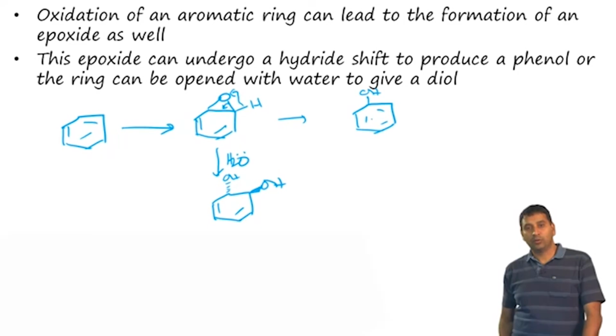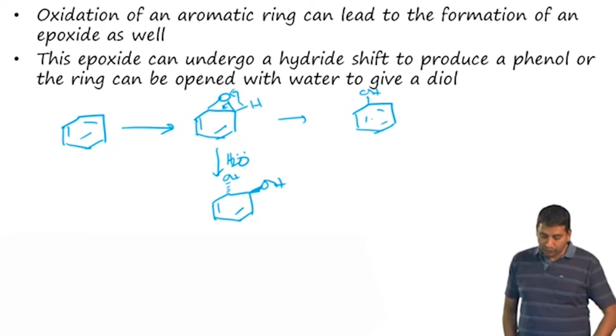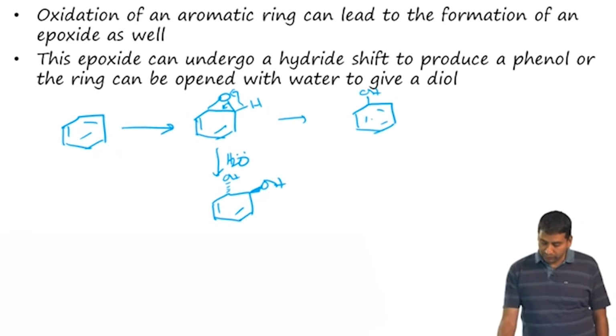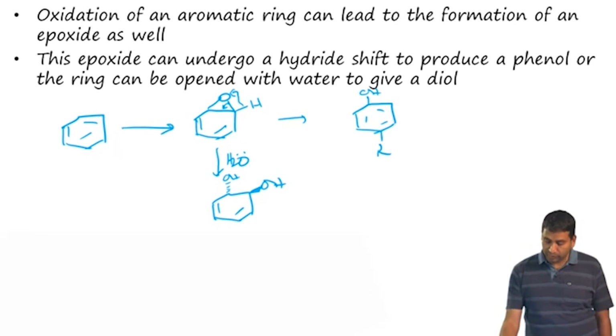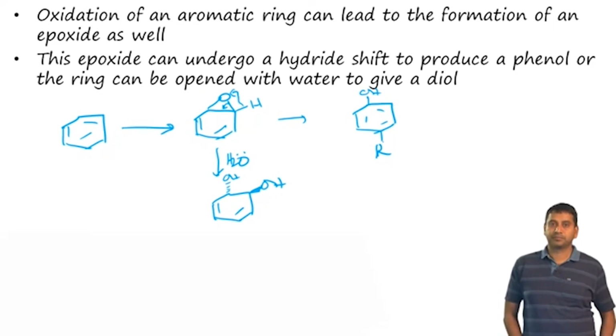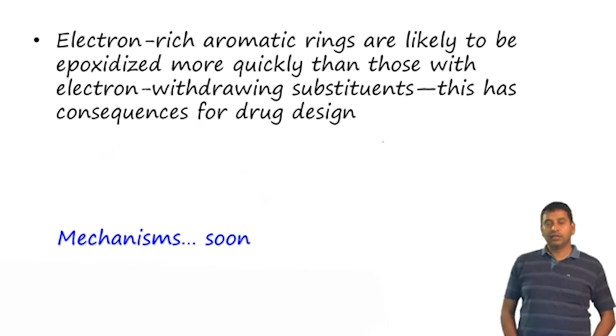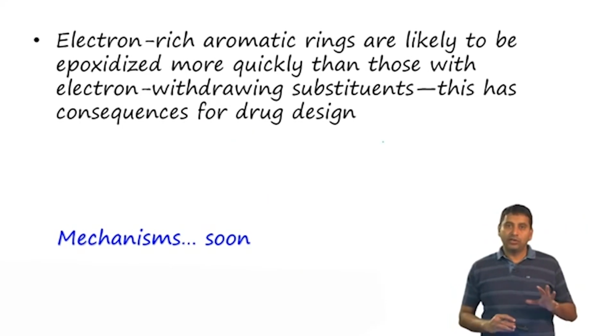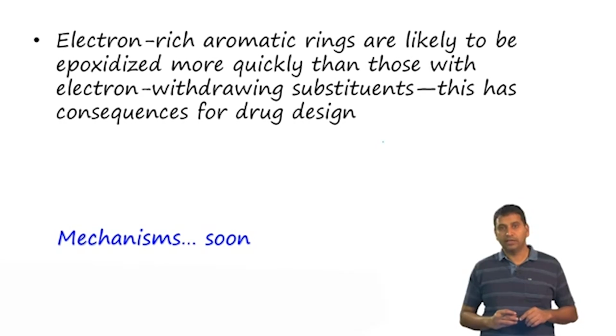So, these are the two possibilities that can really happen, and if you have a substituent on the para position, that is over here, you typically favor the formation of the para alcohol, right. And electron rich aromatic rings are likely to be epoxidized more quickly than the ones with electron withdrawing groups on it, and we will look at some of the mechanisms of these oxidations very soon.